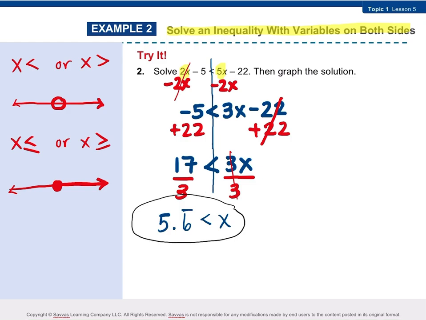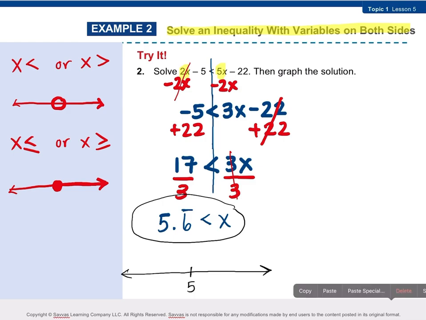X is greater than 5.6 repeating, or 5.6 repeating is less than x. I can read it either way. And so when I put that on a number line, again, maybe I'm not going to put 0 in the middle. Maybe I'll do 5 and 6, 7, 8, right? And on the other side, 4, 3. That almost looks like a negative. Okay.